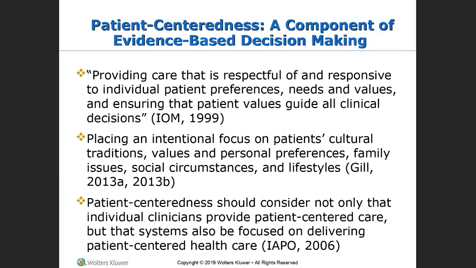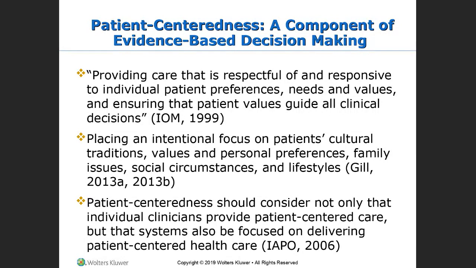Finally, in talking about patient-centered care, it's a very important part of evidence-based decision making. And as you continue to go through your clinical courses and working through your capstones, you'll see that patient preference remains quite important. And again, I'm not going to read the slide to you, but it goes through some of the things we've already talked about.